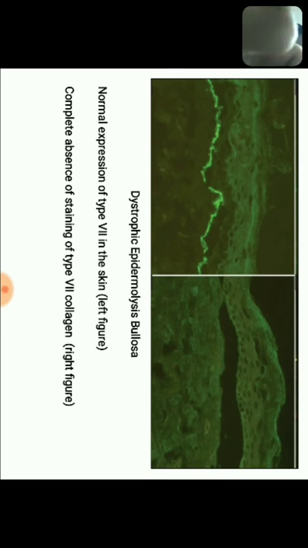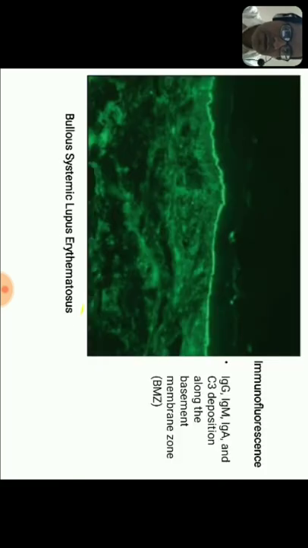Why? Because in this patient, collagen 7 is mutated, so there is complete absence of staining of type 7 collagen. It is a repeated MCQ that in DEB, that is dystrophic epidermolysis bullosa, collagen 7 is mutated. So this was about DEB.